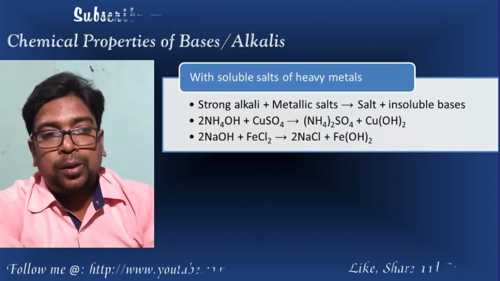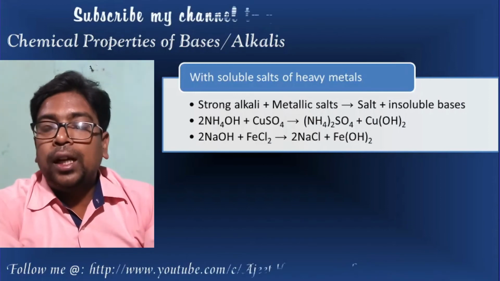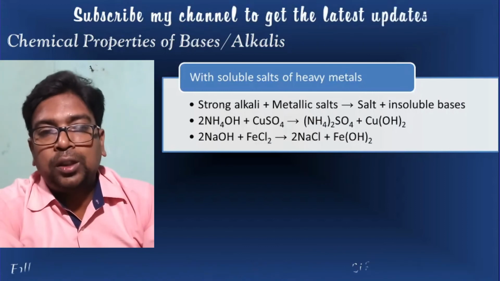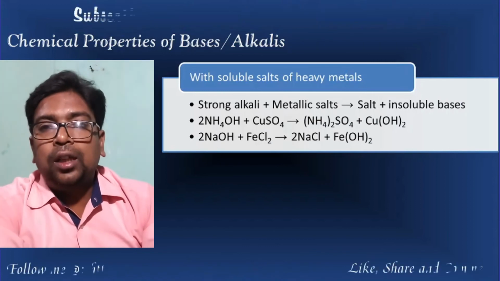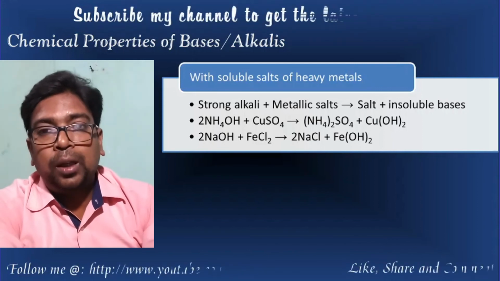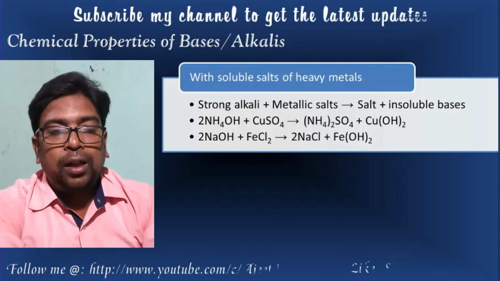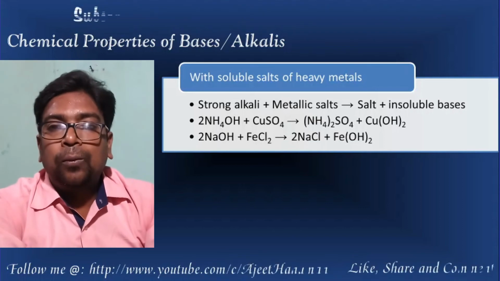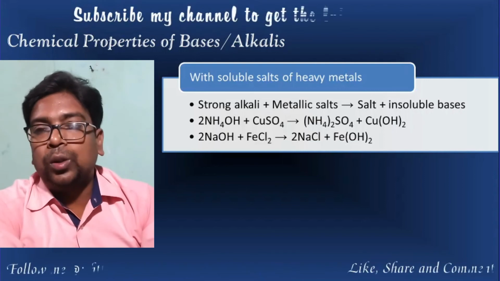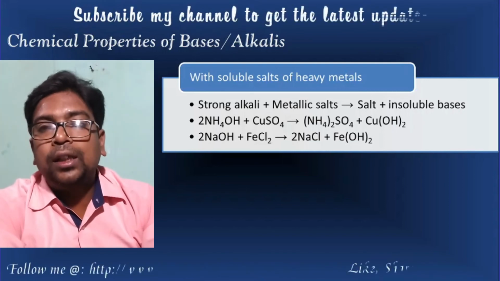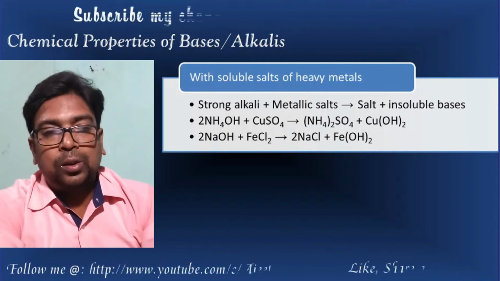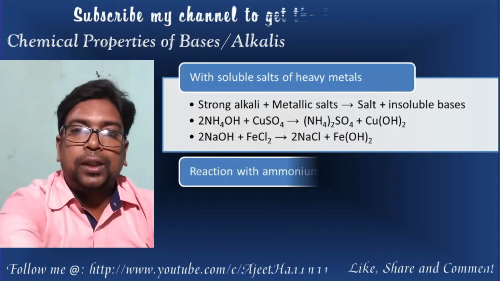Ammonium hydroxide when reacting with copper sulfate gives ammonium sulfate as a simple salt and an insoluble base, copper hydroxide, which is pale blue in color. Similarly, when sodium hydroxide reacts with ferrous chloride, ferrous hydroxide is formed along with sodium chloride. Ferrous hydroxide is an insoluble base and its color is dirty green. So it gives a dirty green precipitate.